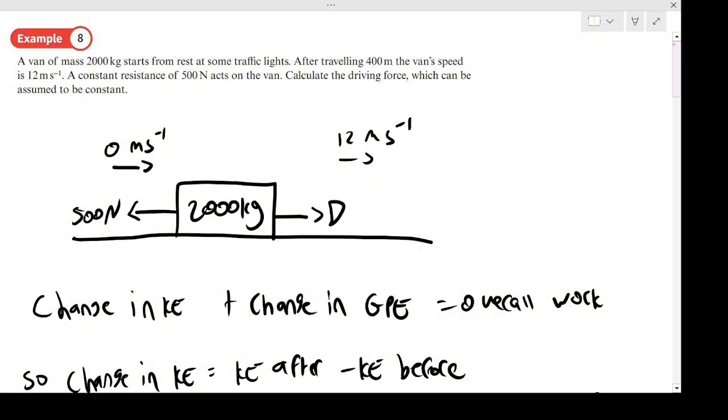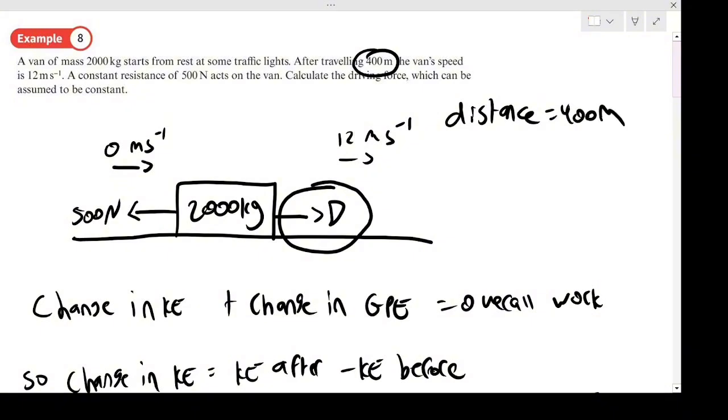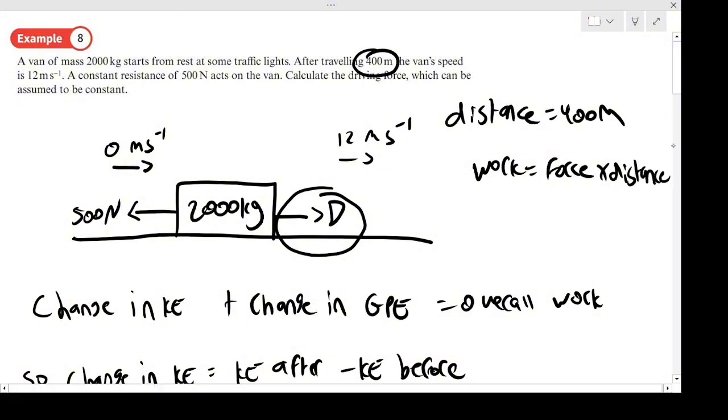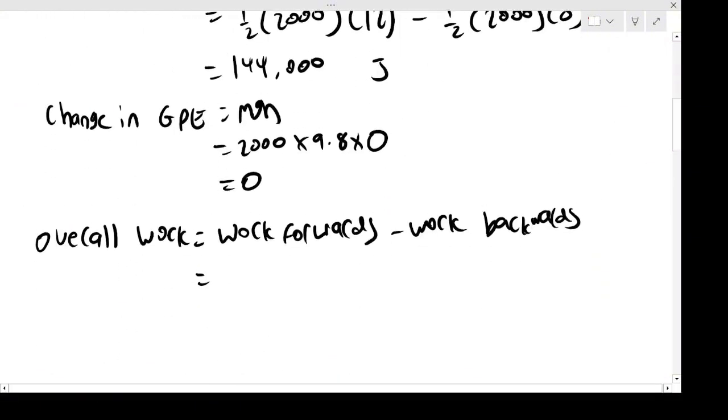So obviously the van is moving forwards, so this is my forwards force D, and I'm told the distance is 400. So the work of the forwards force is going to be D times 400, because remember work is force times distance. So it's going to be D times 400 for the work forwards.